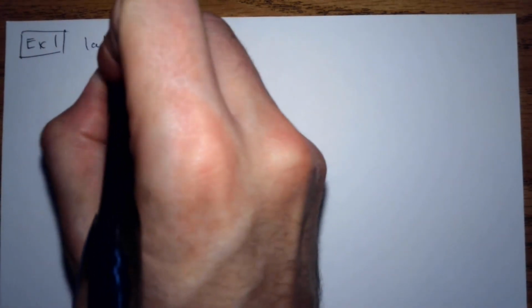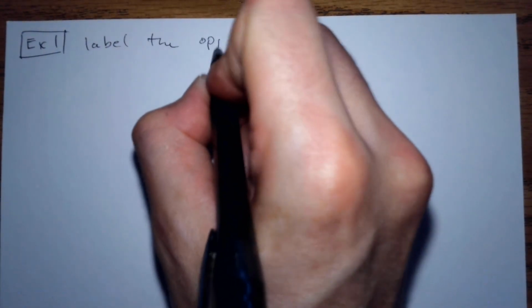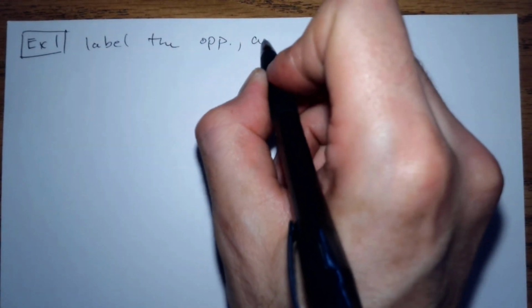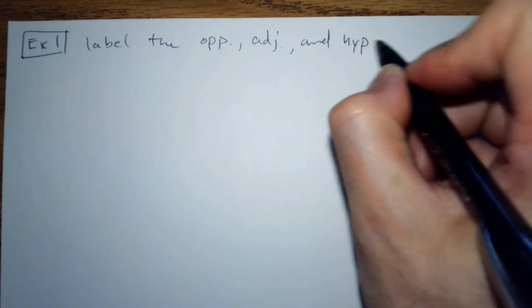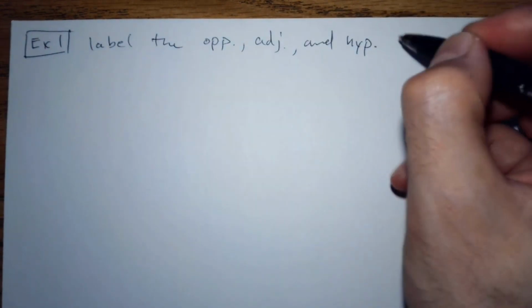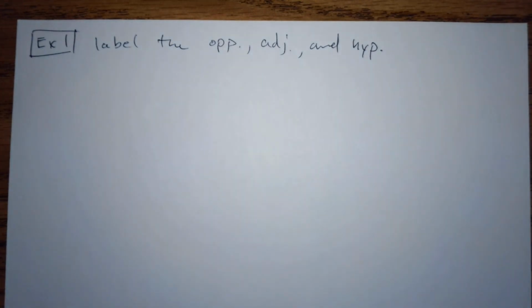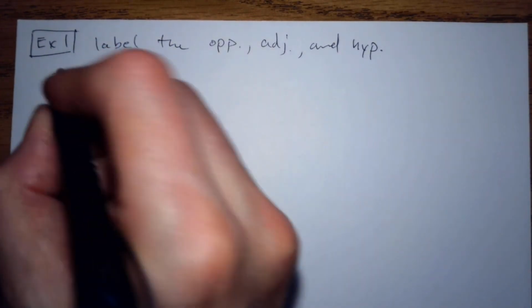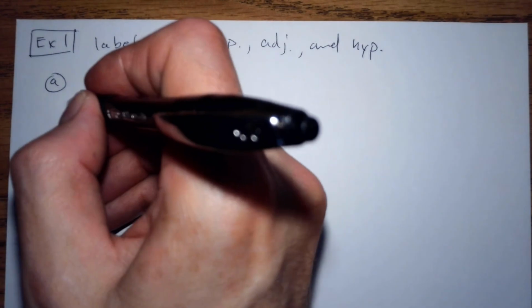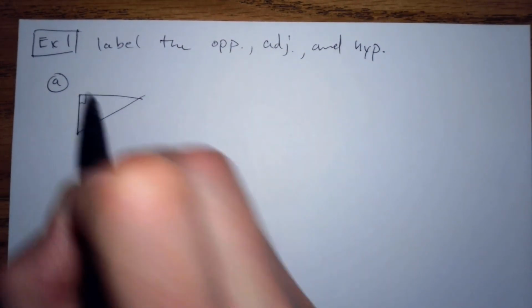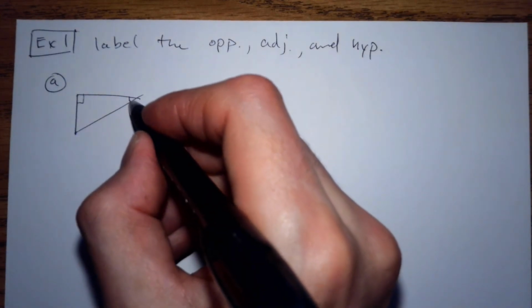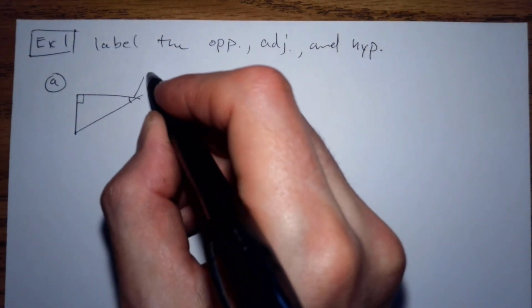So example 1, label the opposite, adjacent, and hypotenuse. Opposite side, adjacent side, and hypotenuse. I just abbreviated them. And some people have a hard time drawing these, but try your best. Vertical line, horizontal line to make a right angle. And this will be the angle of focus.